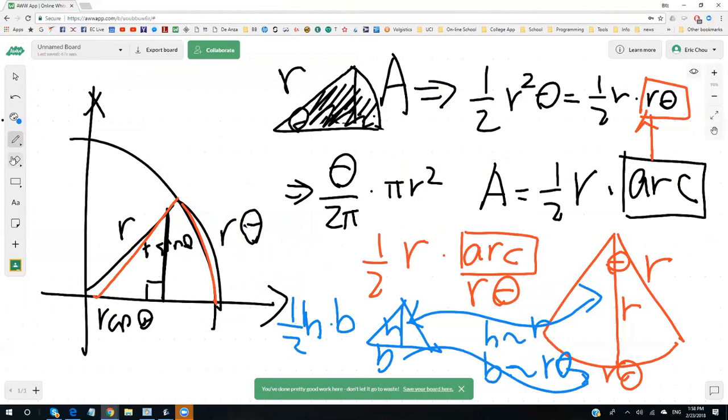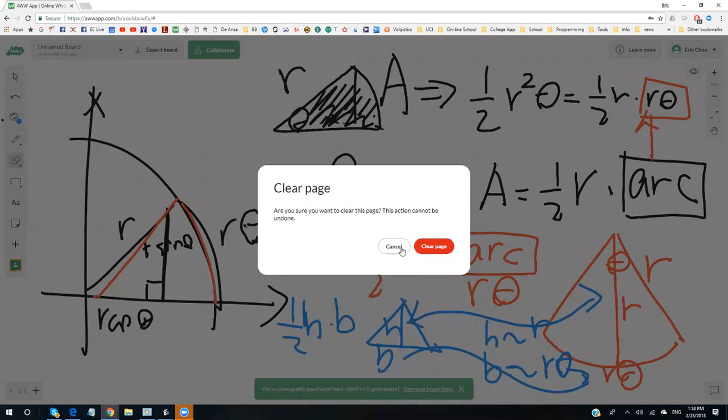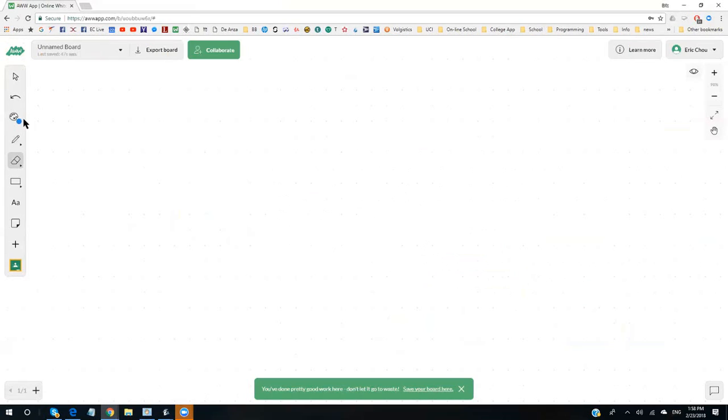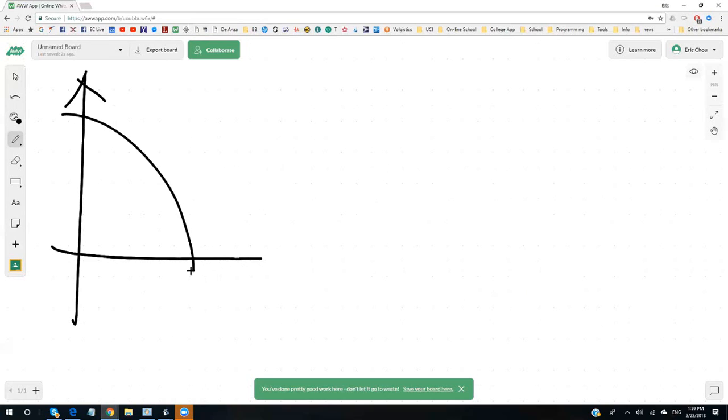Okay, let me erase this. This time let me erase the whole thing. Let me change to the black one. Now let me redraw that circle.